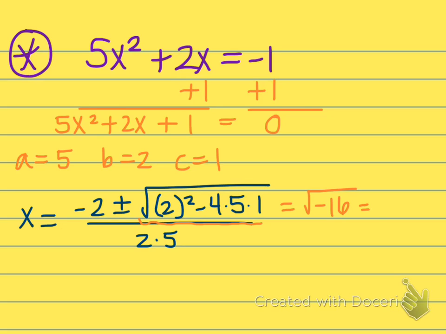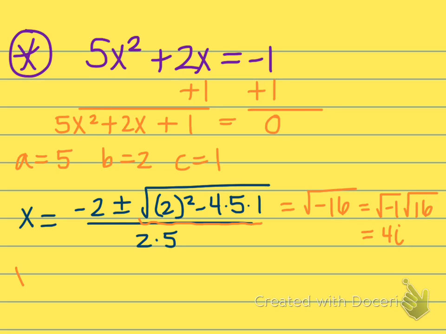Now the square root of any negative number is going to involve getting imaginary solutions. We can separate the square root of negative 16 into the product of the square root of negative 1 and the square root of 16. Meaning that the value of the square root here is 4i.